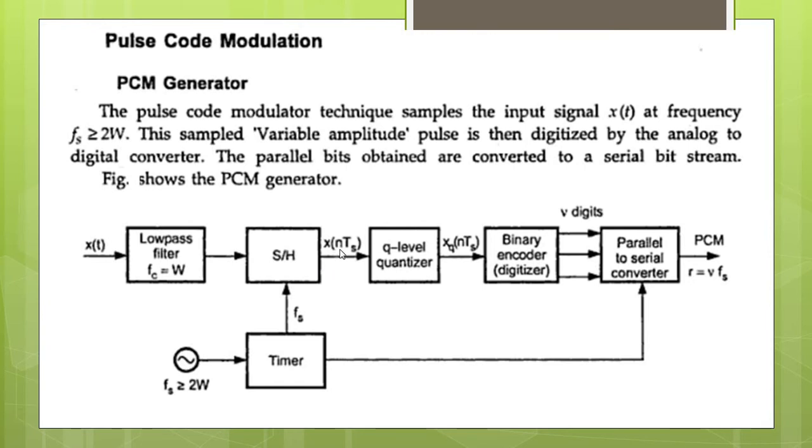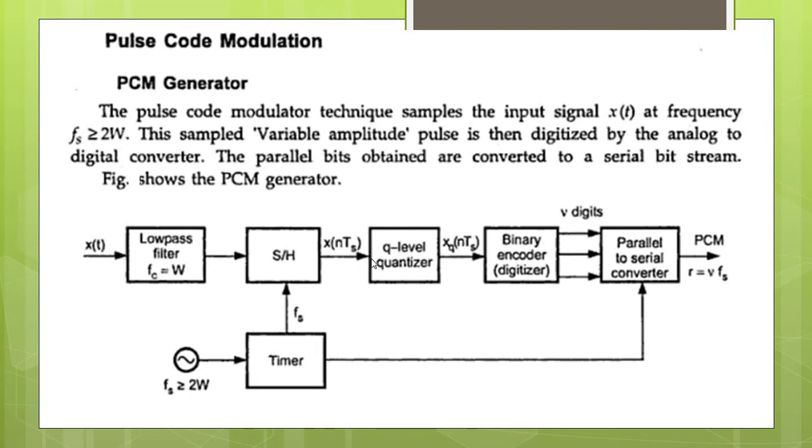Here n refers to the number of samples, Ts is the sampling interval or the sampling time. So at the output of the sample and hold circuit, we get samples of equal duration, and the duration is at 1 Ts, 2 Ts, 3 Ts, and so on.